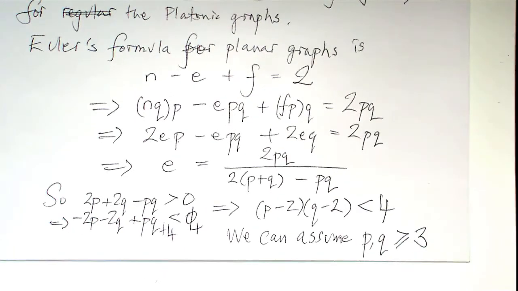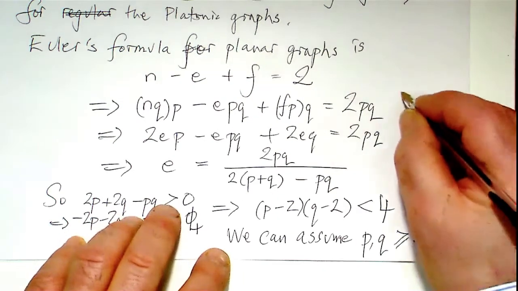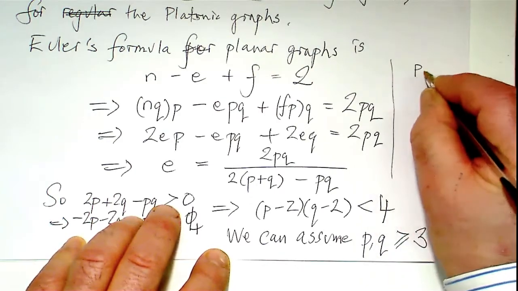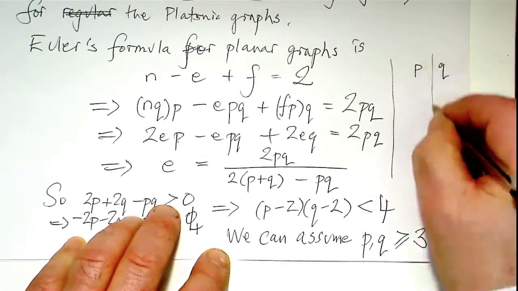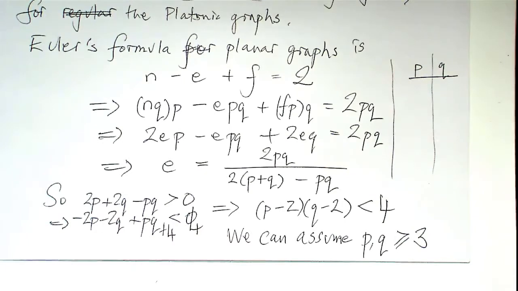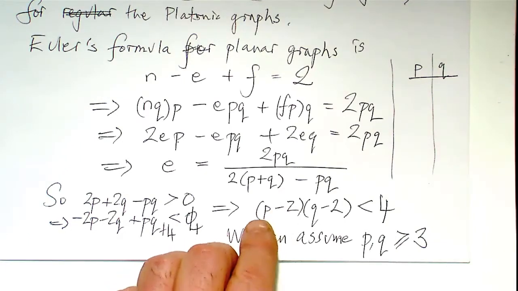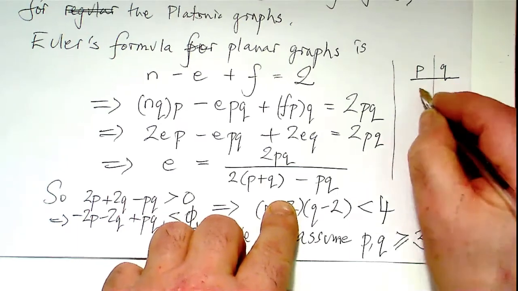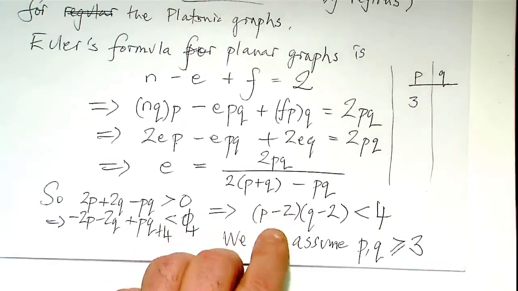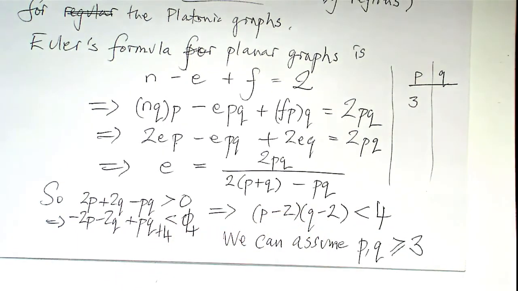So what can P and Q be? Well, P's got to be at least 3. If P is 3, then this is 1. So if P is 3, then Q minus 2 has got to be less than 4.